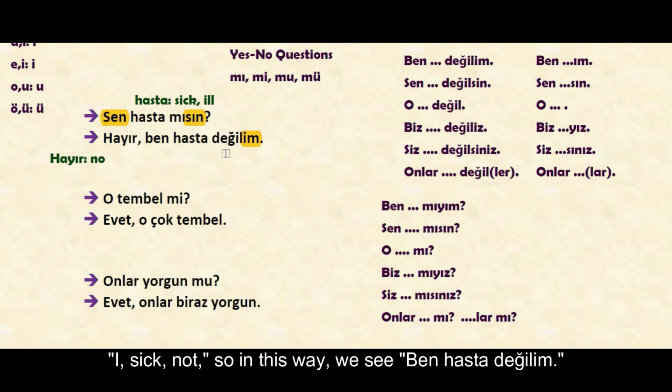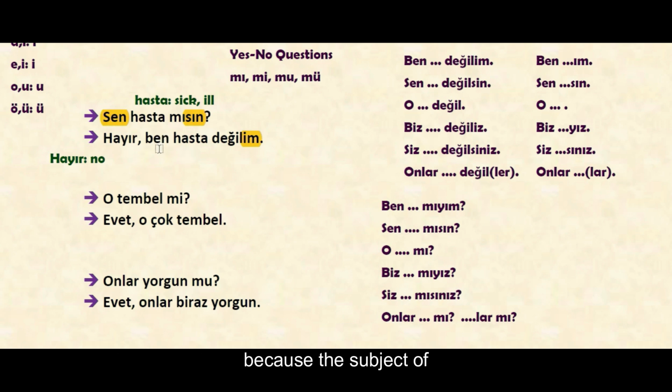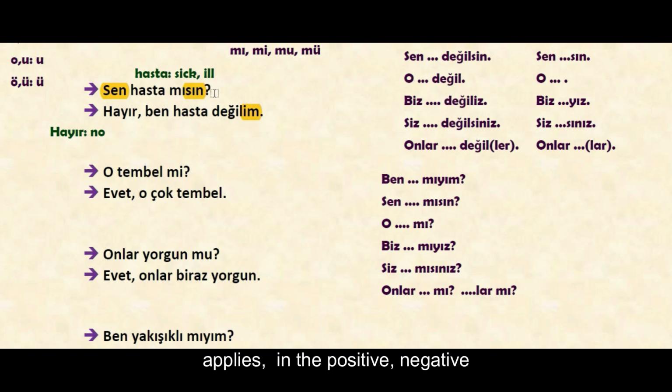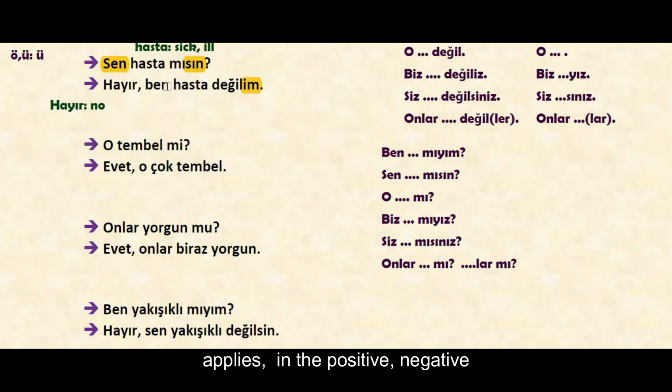Because the subject of the sentence is ben, we see im after değil. In total it became değilim because of ben, and we should put this personal suffix. Again, the similar logic applies. So in the positive, negative, question, it doesn't matter. We said that in all types of sentences we should use it in that way.